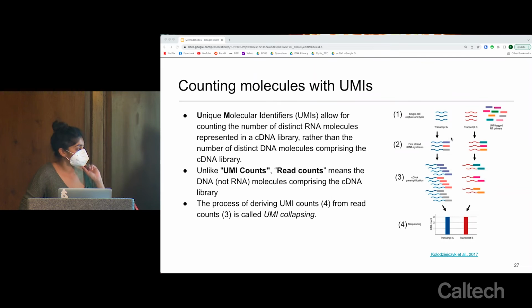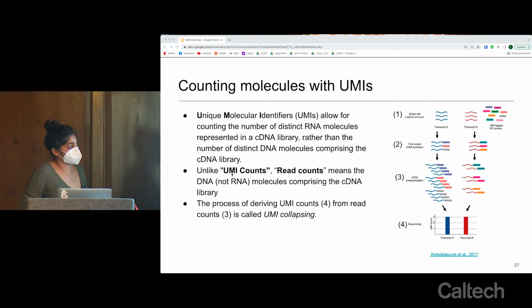And so there are some technical details here, but one thing I want to point out is that in the literature, this can be quite confusing because people use a lot of words interchangeably. And so read counts is not quite the same as UMI counts. Usually we're operating on UMI counts at the end, when you do filtering for cells that had enough UMIs and you have counts that have been UMI collapsed.